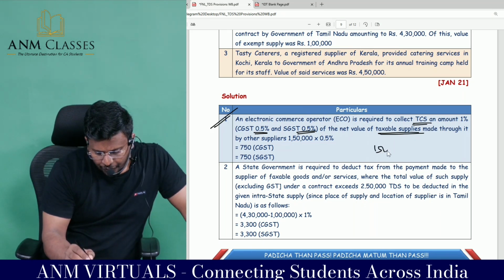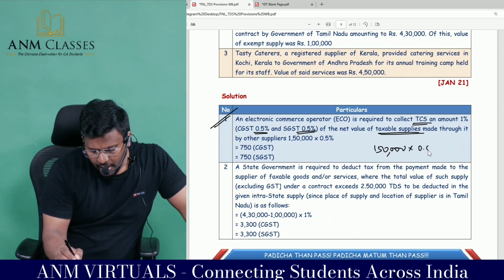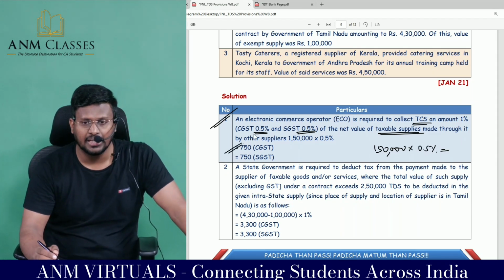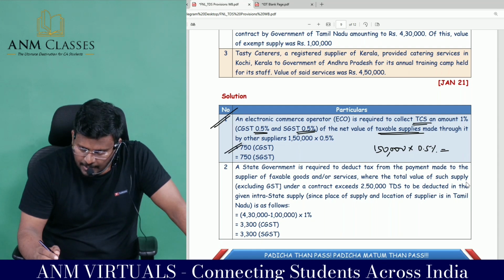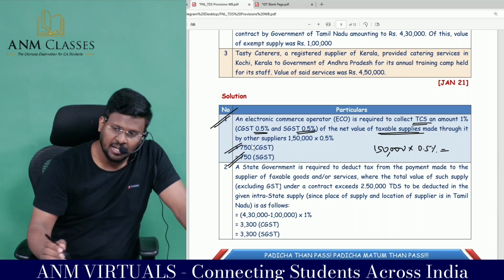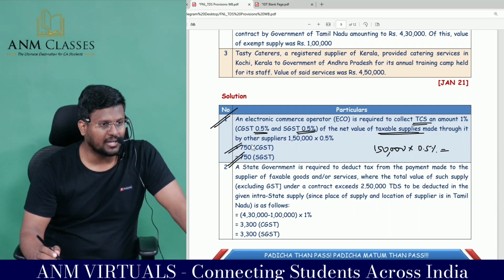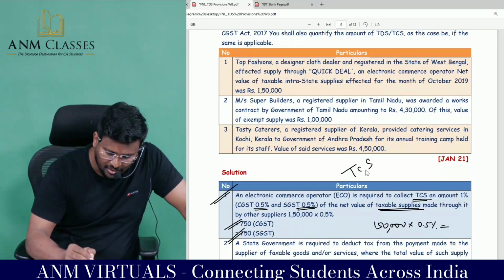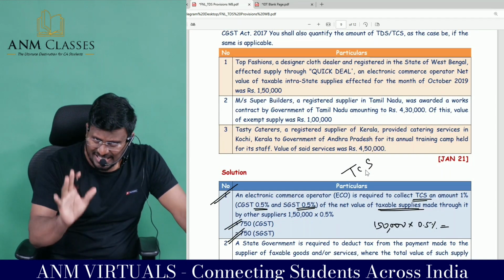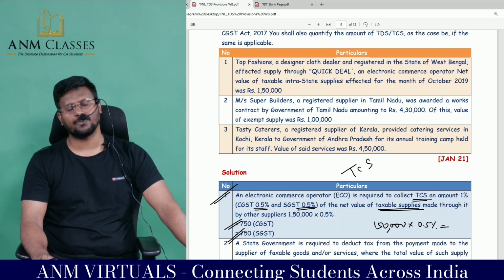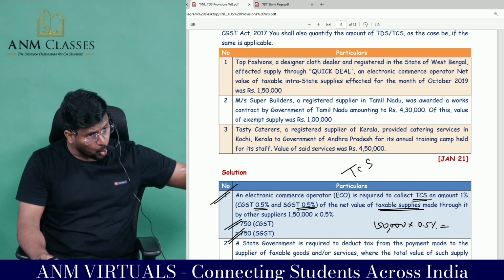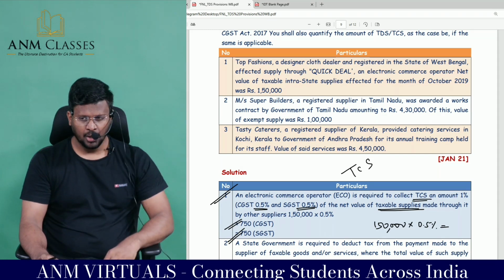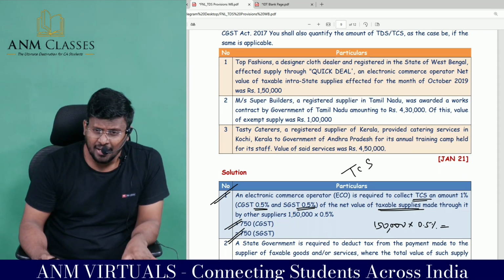So 1,50,000 into 0.5% comes to 750 rupees. The e-commerce operator should collect 750 rupees as CGST, and 750 rupees the e-commerce operator has to collect as SGST. This is not TDS. This is TCS. T stands for taxable supply of goods or services or both through an e-commerce operator, not being an agent.